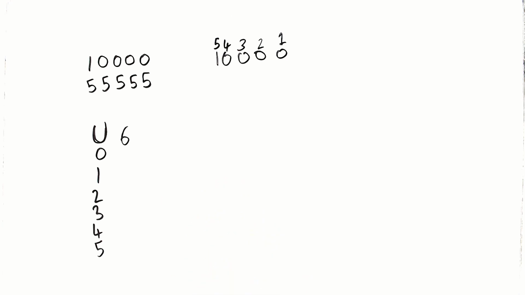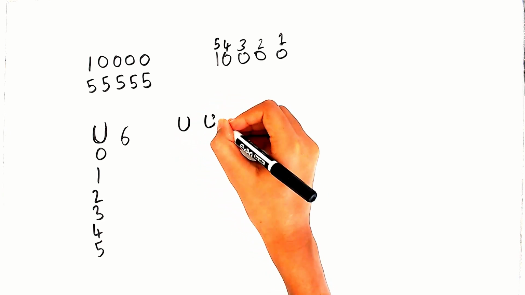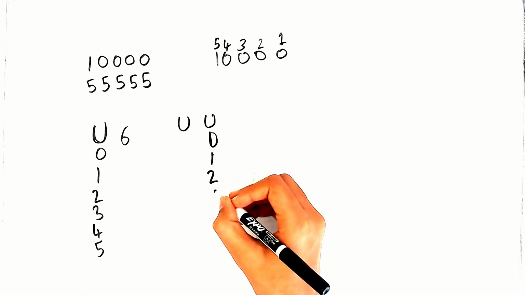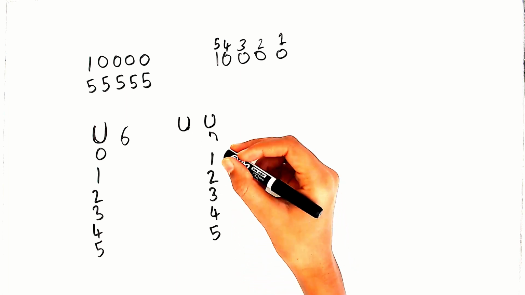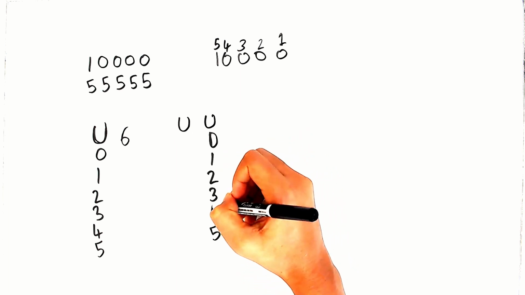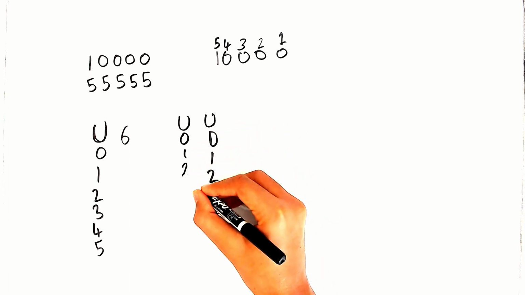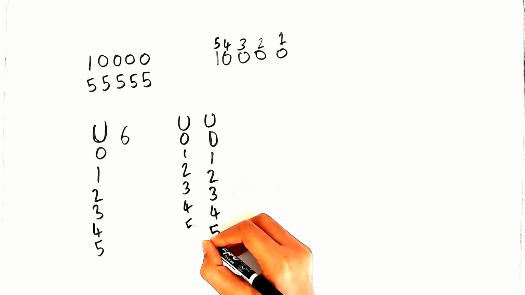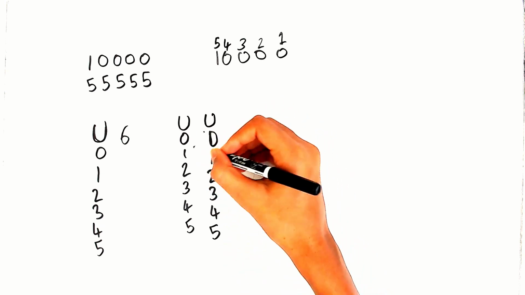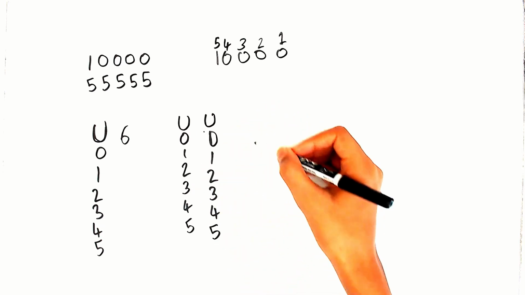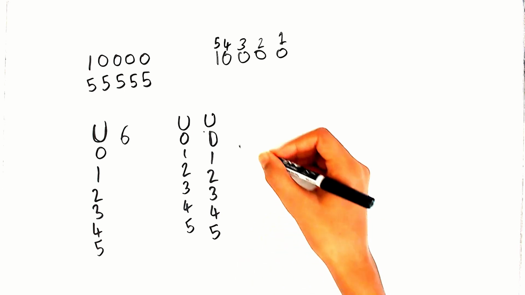So now let's go with the second digit. So 2 digits. So 1, 2. The possibilities are 0, 1, 2, 3, 4, 5. So here, for the 0, all of this repeats, for the 1, all of this repeats, for the 2, all of this repeats, for the 3, for the 4, and for the 5, all of this repeats.